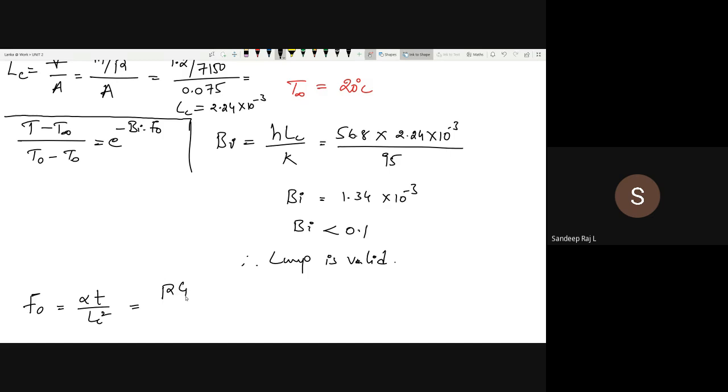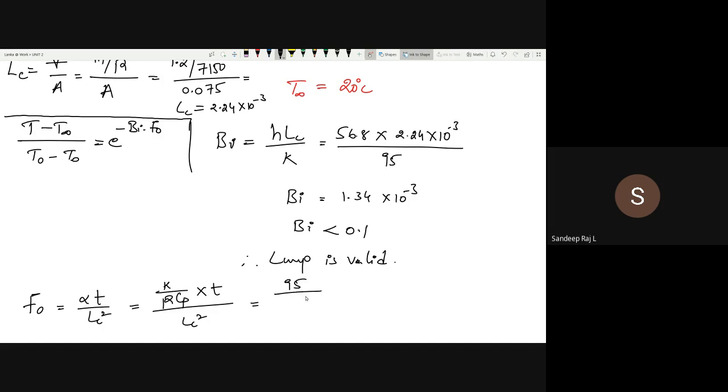The alpha is k by rho Cp. It is k by rho Cp into the time by LC square. The k value is 95.